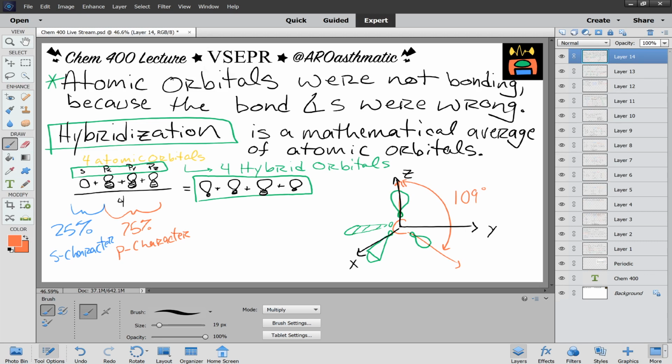And so with hybridization, we were able to predict the tetrahedral geometry by taking an average of the 4 atomic orbitals carbon has access to and mathematically averaging them into these new hybrid orbitals. All right. Which, by the way, these have a name, and they are called sp3 hybrid orbitals.